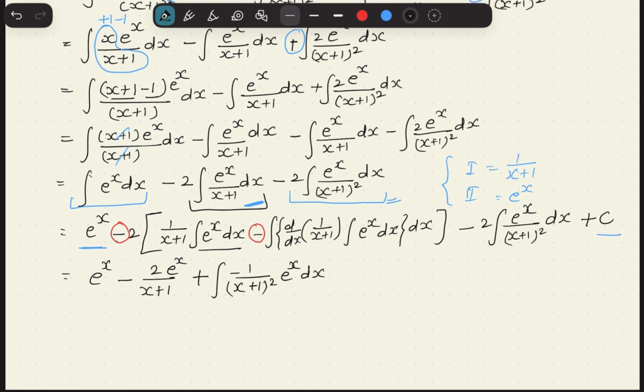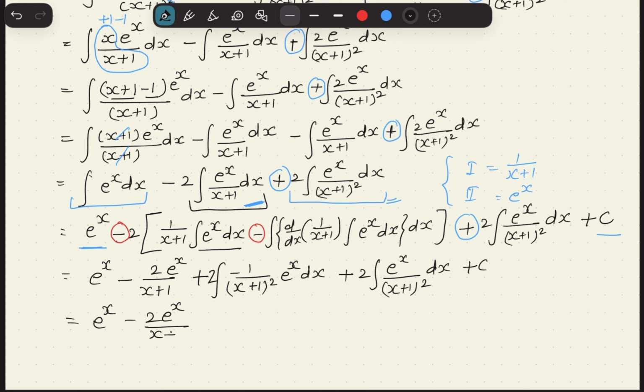Sorry, actually this is not minus here, this is plus, because here we have plus. This is plus twice of, and here 2 also, 2 e to the power x upon x plus 1 whole square dx plus c. So we get e to the power x minus 2 into e to the power x upon x plus 1.